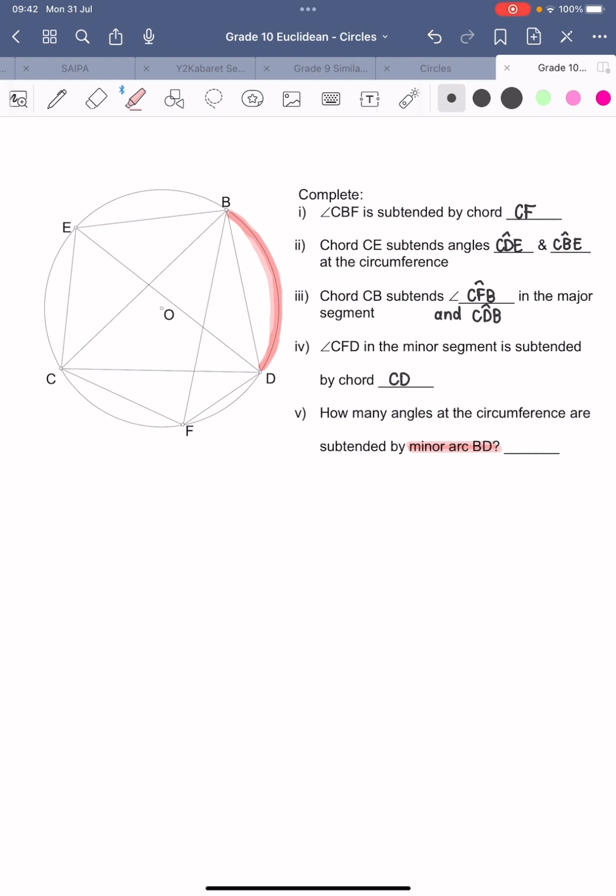All right, so guys, let's take a look here. Do we notice this little angle here at the bottom? Angle BFD, so that's one. Then we have BCD. BCD, yes. Then we also have BED. Do we agree?